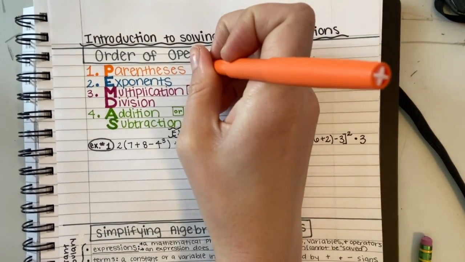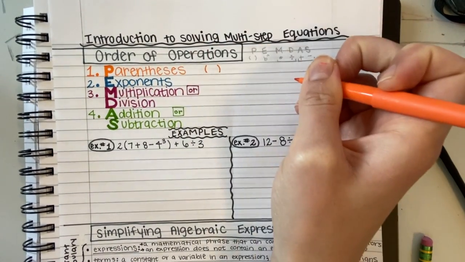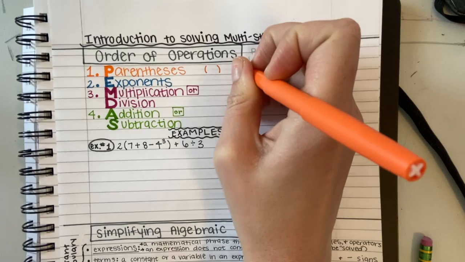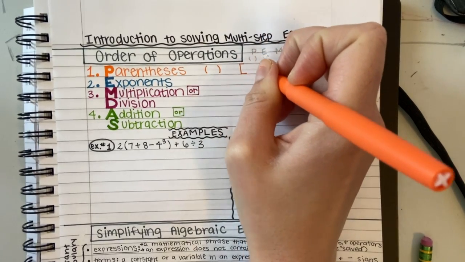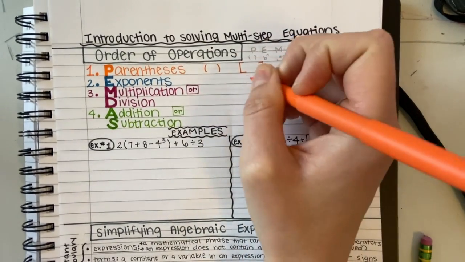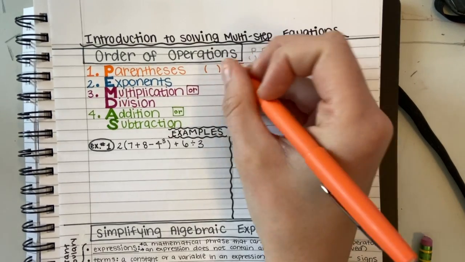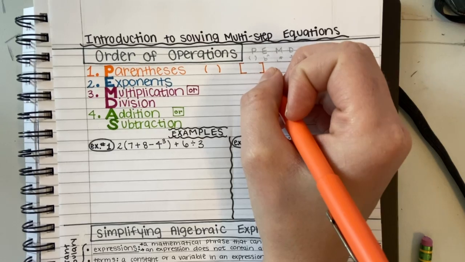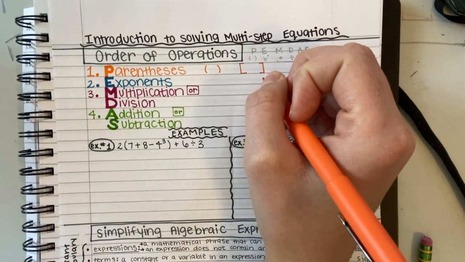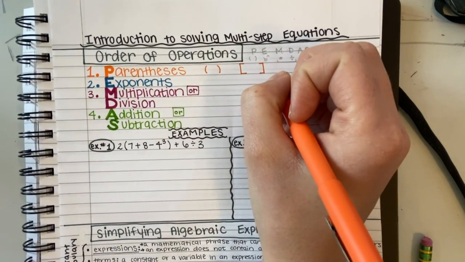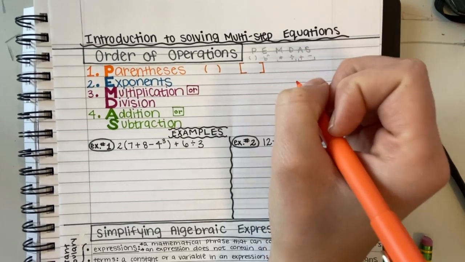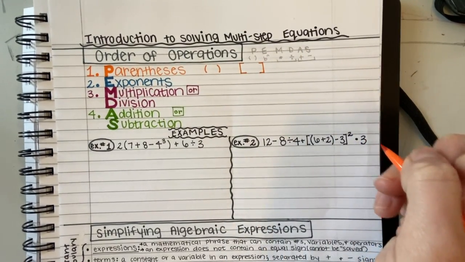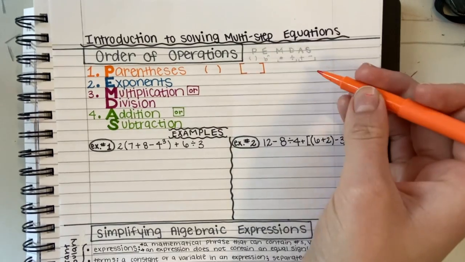So we have our standard-looking parentheses, but sometimes they might use a bracket. You just have to remember that our grouping symbols are what we do first. And if there is an expression inside of the parentheses, you start PEMDAS over again. So we'll look at some examples and see how that is possible.